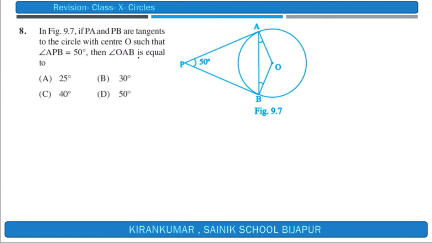I'll be telling you the answer, angle OAB will be 25 degrees. This will be the answer. I want you to verify that. Verify answer A to be the correct answer.